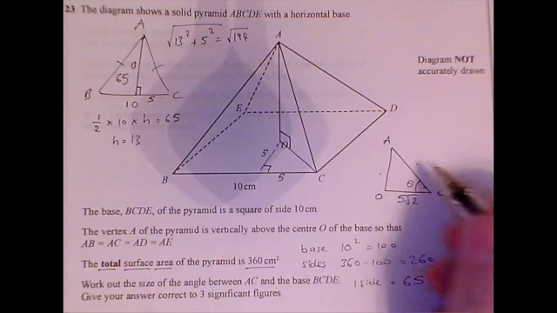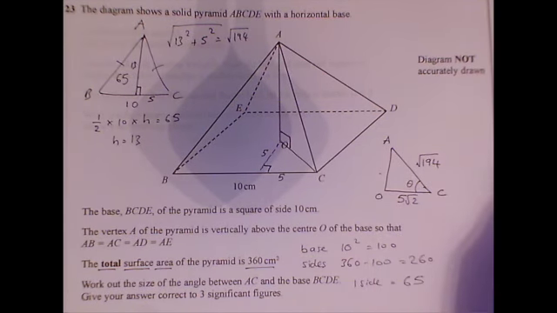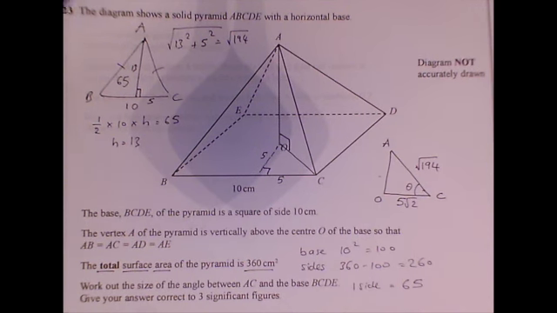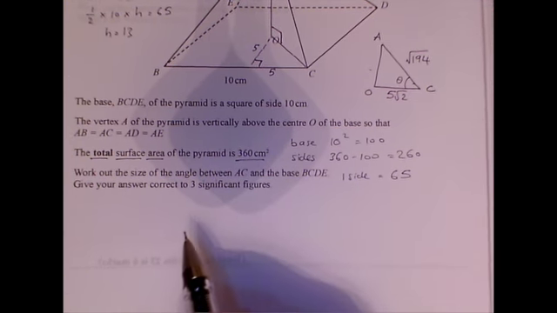So I can go back to my actual triangle that I've been working on, and now I've got 2 sides, and that's enough to be able to find the angle between them, because it's a right angle triangle. And of course I've got the adjacent to the angle, and I've got the hypotenuse. So the adjacent and the hypotenuse is a cosine question.